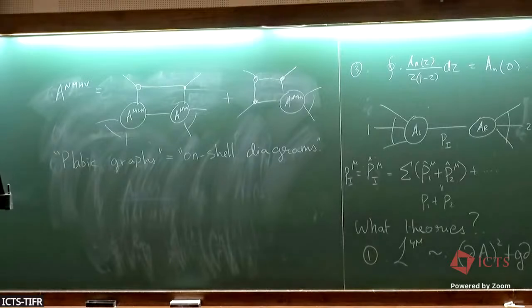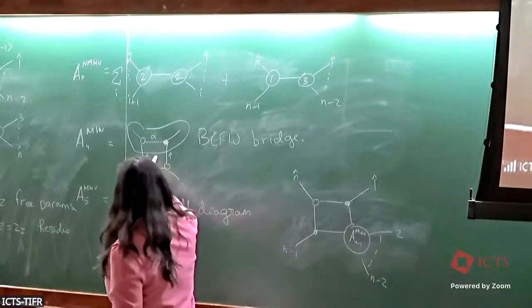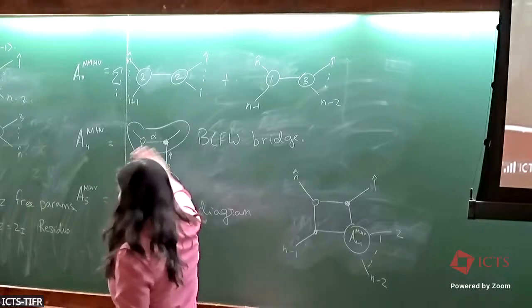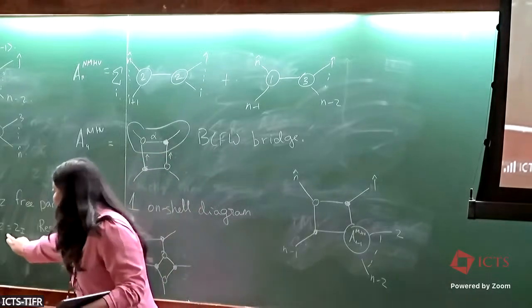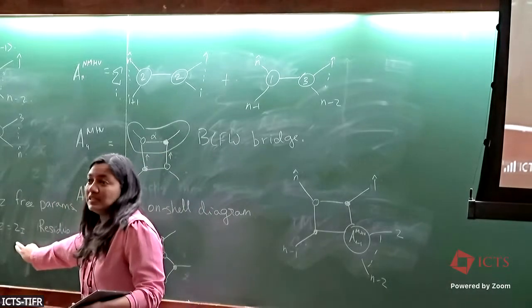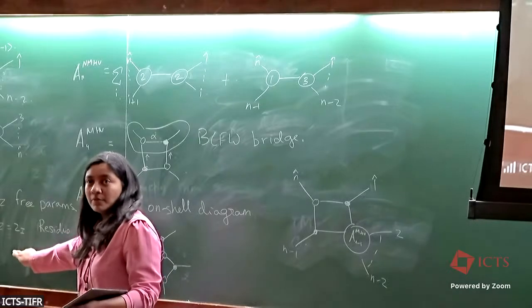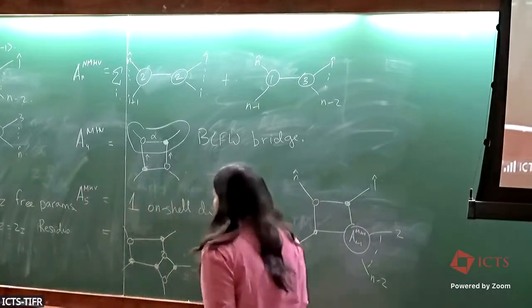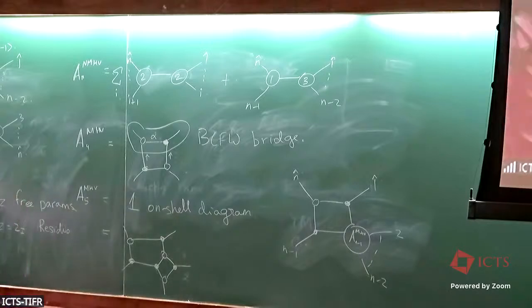And even if things look like loops, they are not loops, they are trees if each of the internal legs is fully fixed in terms of external data. So in this case, for example, this alpha is fully fixed by external data, and that is exactly the same as saying Z equals Zi. Right? So every time I attach a BCFW bridge, here I would attach the bridge like this.